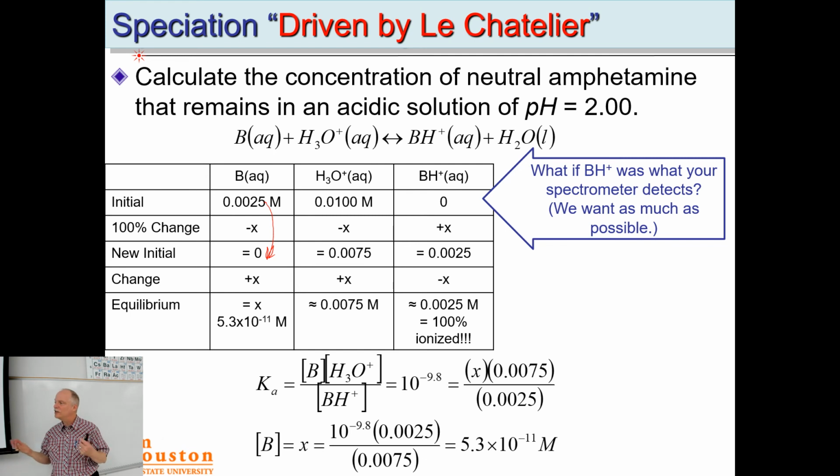We've got as much signal as we can have possibly in this situation. So essentially 0 unprotonated bases left, but with our equilibrium calculations, we can calculate it's just a tiny number. So it's 5 times 10 to the minus 11 molar. Really insignificant. Probably it'd be very difficult to detect any unprotonated base.